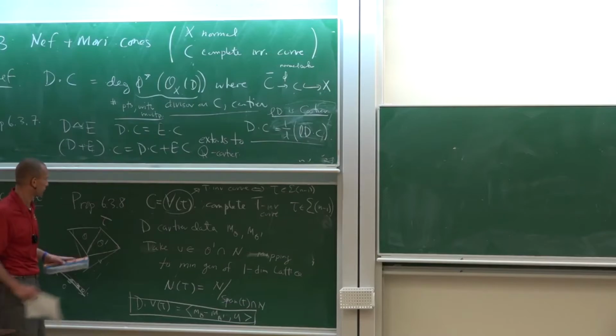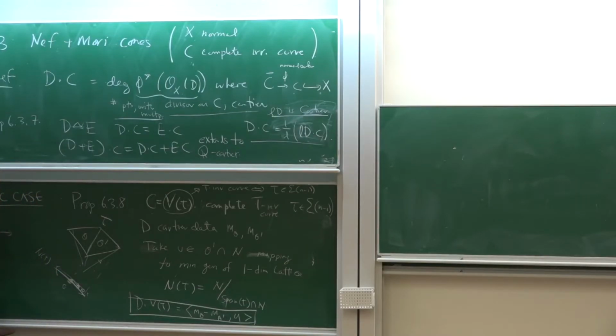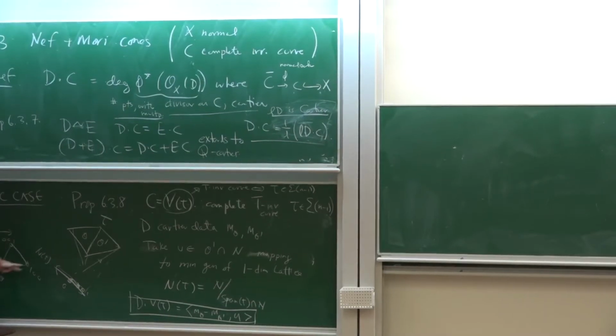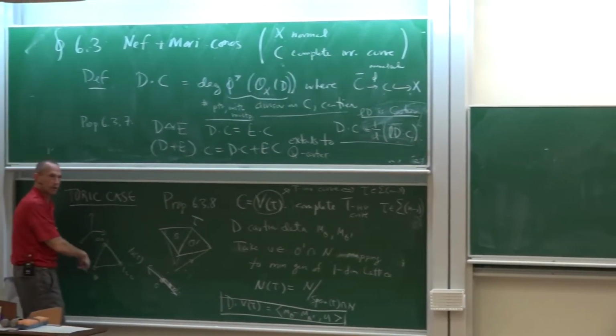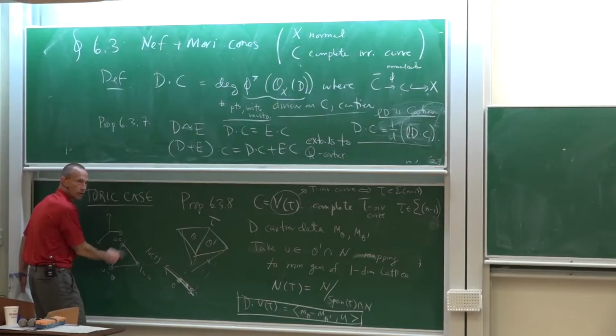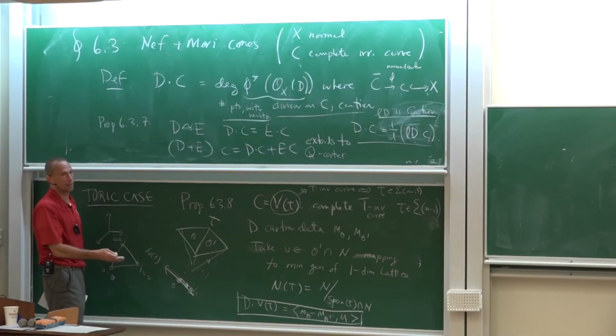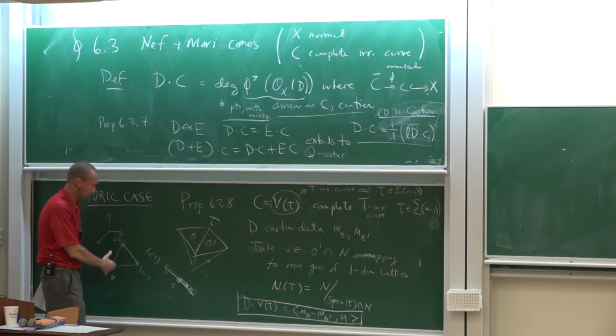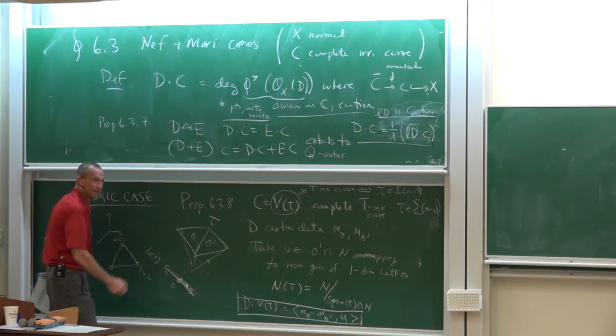In P2, the only T invariant curves correspond to the three coordinate lines that connect the coordinate points 0,0,1, 1,0,0, 0,1,0. There are lots of curves in P2, but not many T invariant curves. In fact, there's 3.